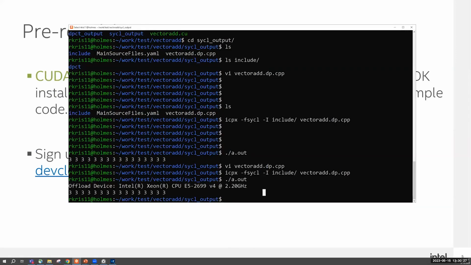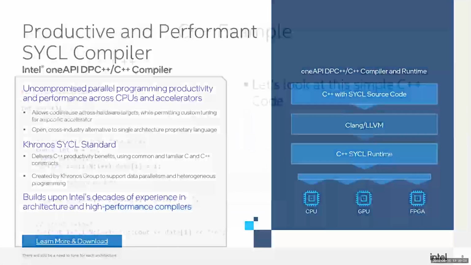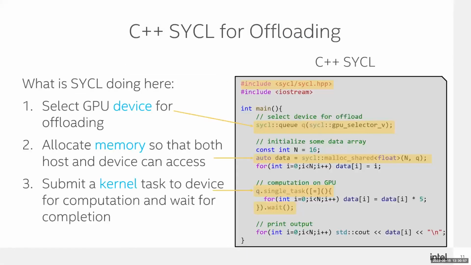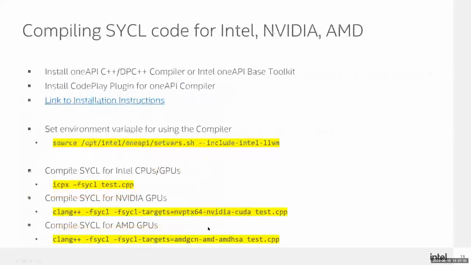Let me pull up that slide to show where. Right, so if you want to compile it for just Intel CPUs, that's CPUs and GPUs, we did this one, right?